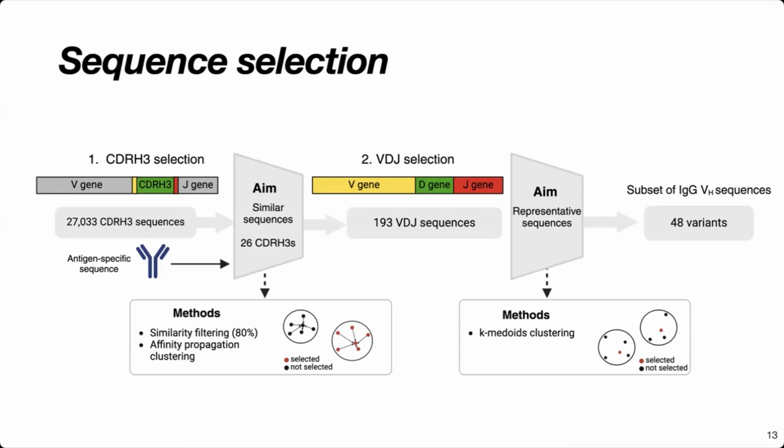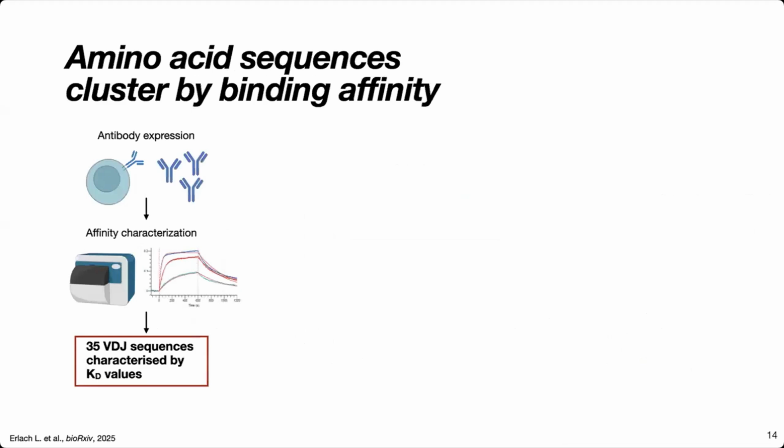Therefore, we applied K-medoids clustering and selected the cluster centers as variants that we went forward to express and characterize. So we used a mammalian expression platform and measured the affinity of those antibody sequences, which yielded a data set of 35 VDJ sequences with corresponding KD values towards the initial target antigen.